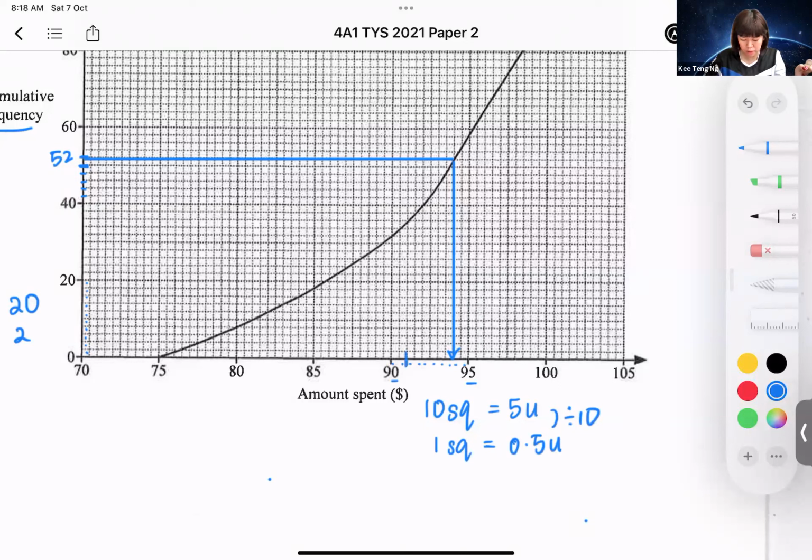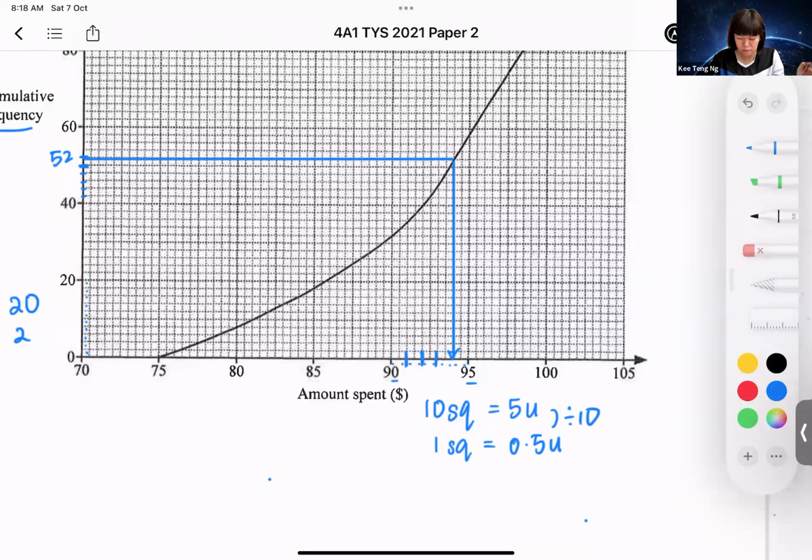So this will be 91, sorry, I count again. 91, 92, 93, 94. So the median will be 94. All right, so my median value is $94.